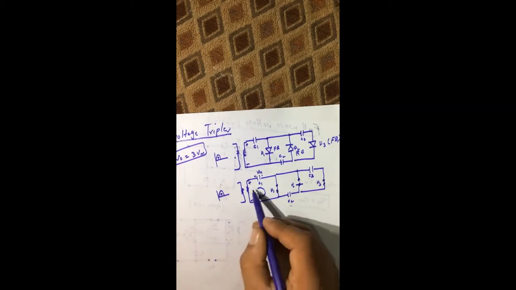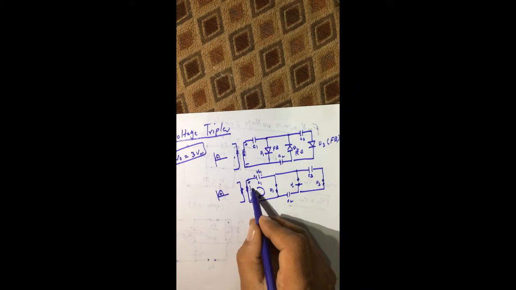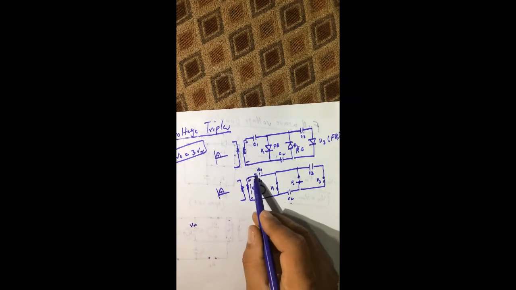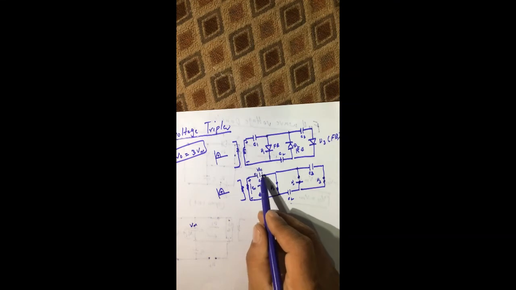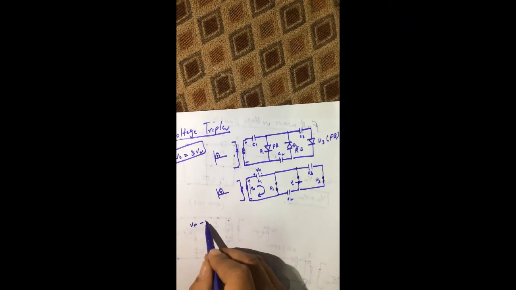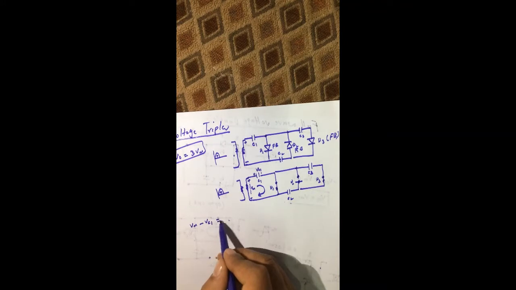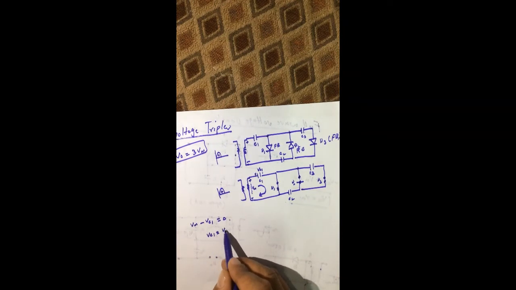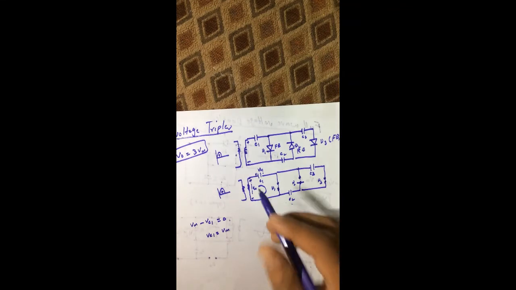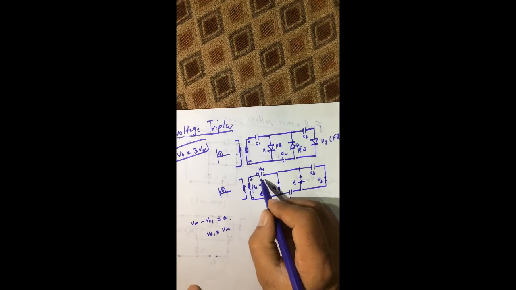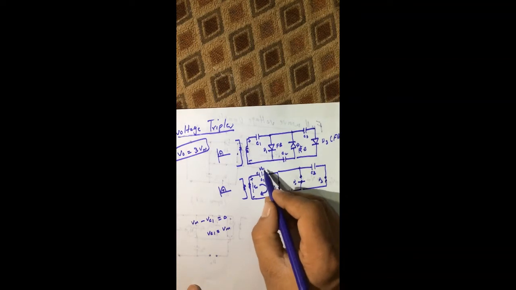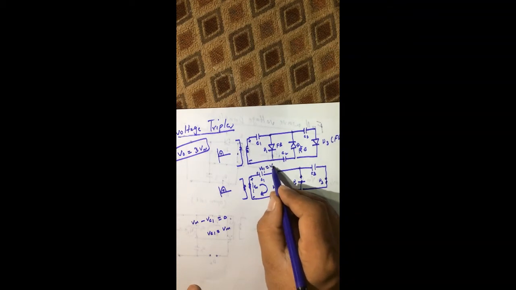Here we have the voltage Vm, so we have Vm, and then moving from positive to negative, it will be minus VC1, which is equal to 0. So VC1 is equal to Vm. So it means that capacitor C1 is charged to its maximum value, and the voltage across this capacitor is VC1, which is equal to Vm.